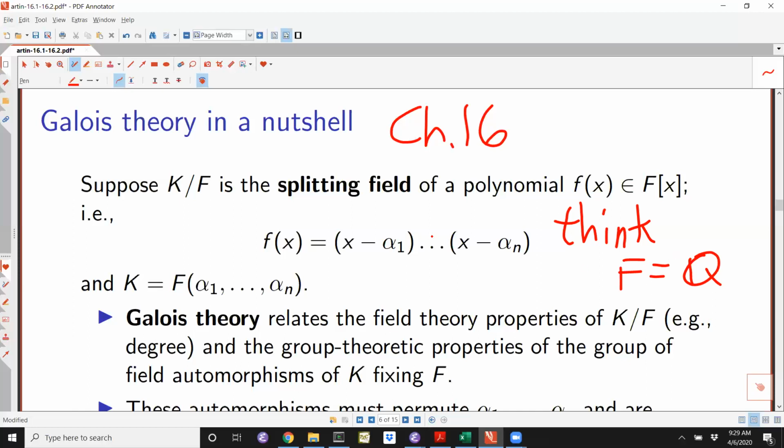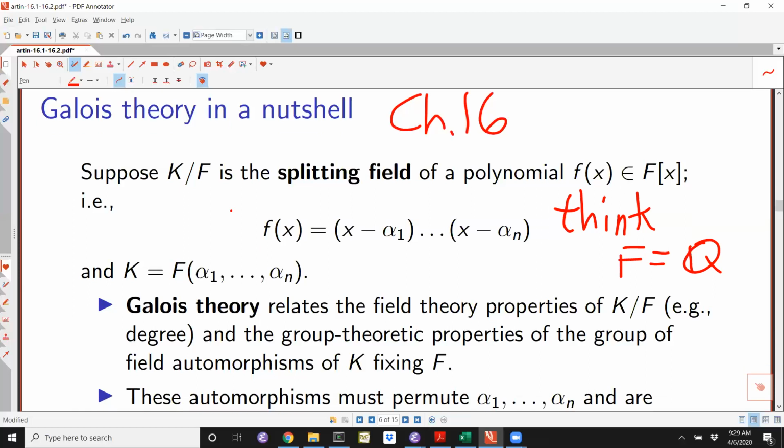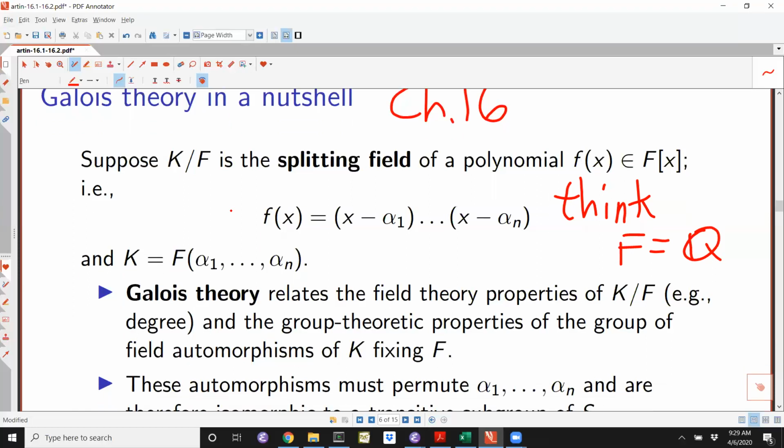So suppose K is a finite extension of a field capital F, and that is in fact a splitting field. That is, this polynomial little f splits into linear factors over K, and K is actually the smallest possible field that could do that, because it's the field that you get by taking F and adjoining exactly the roots of those linear factors.